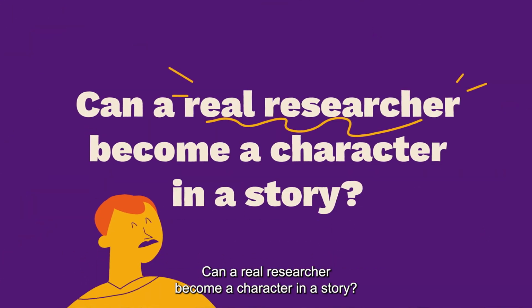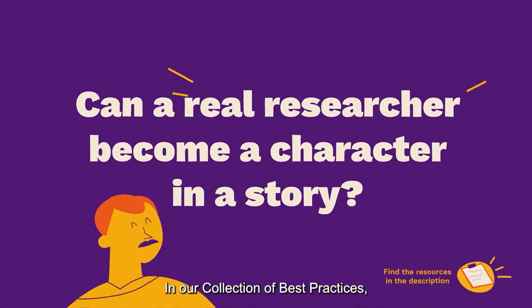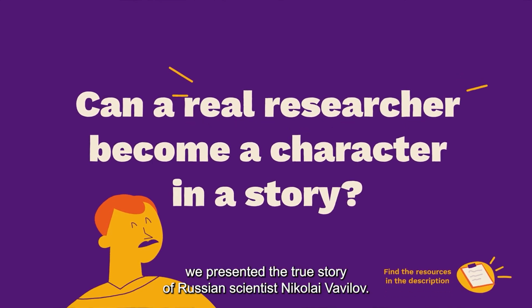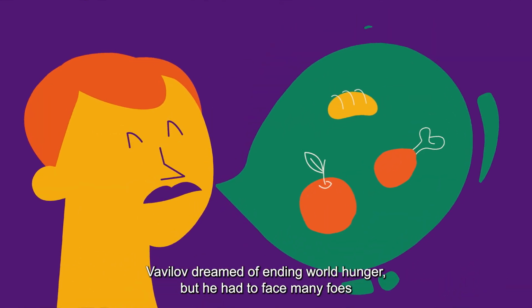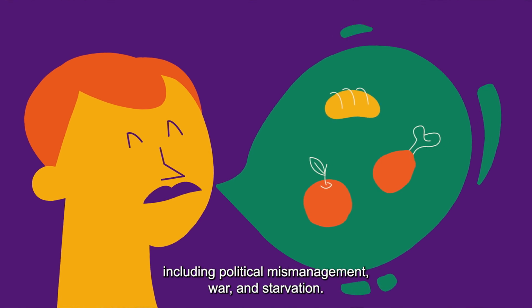Can a real researcher become a character in a story? In our collection of best practices, we presented the true story of Russian scientist Nikolai Vavilov. Vavilov dreamed of ending world hunger, but he had to face many foes, including political mismanagement, war, and starvation.